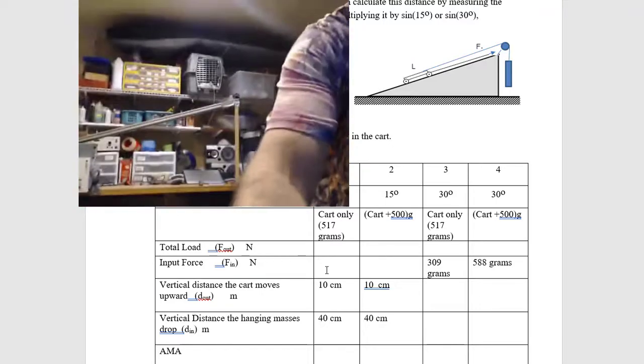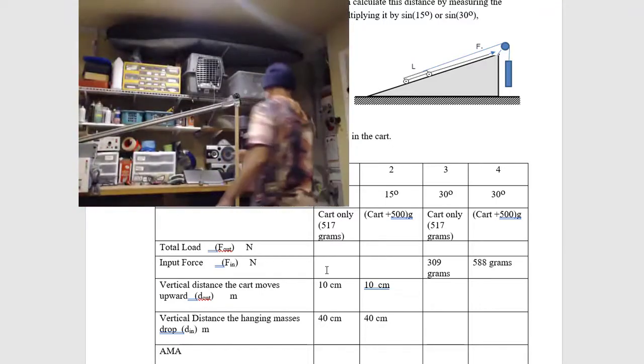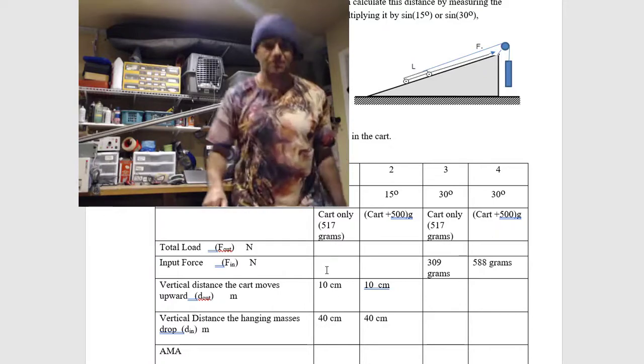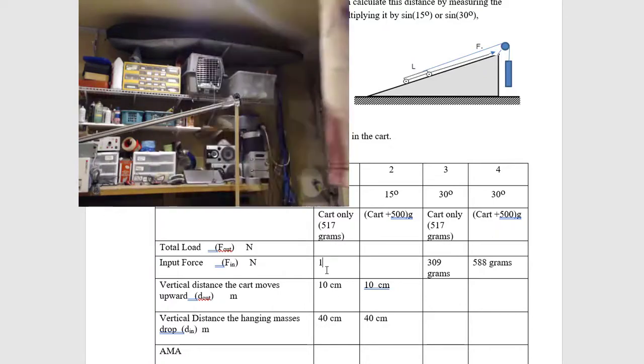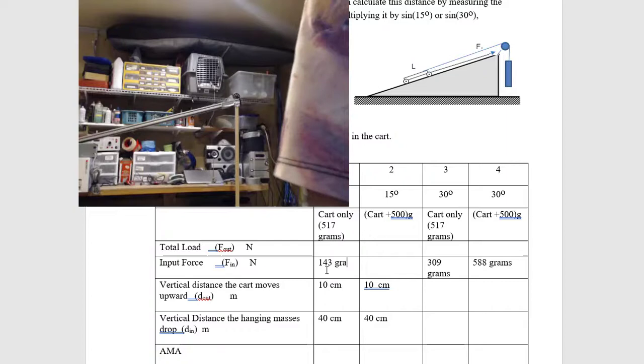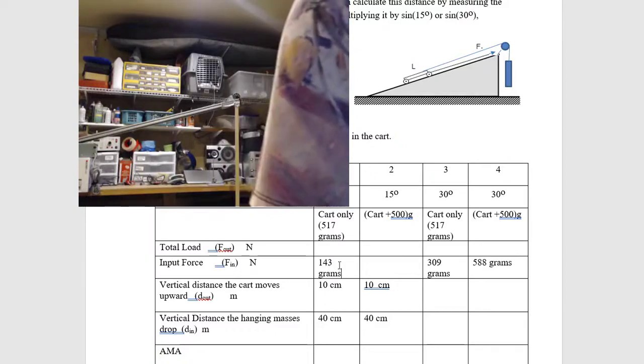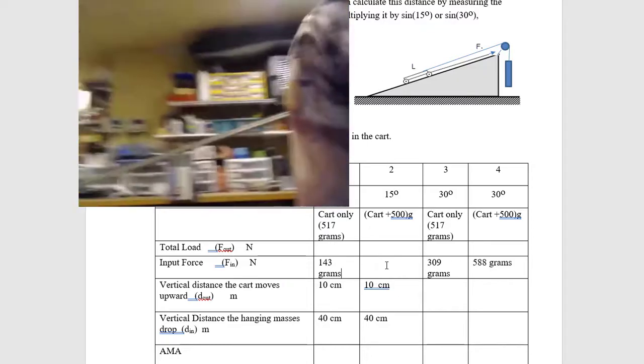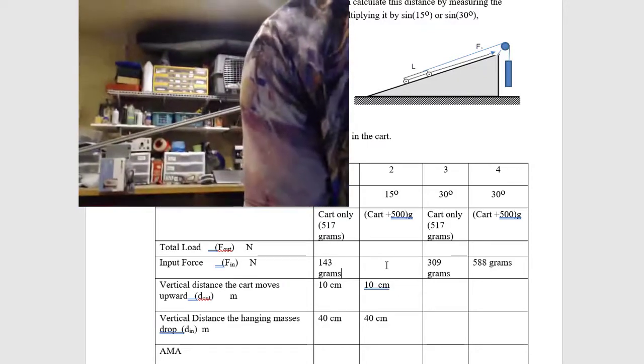You can check the video. It was 143 grams is what I had here, if I recall. Now I'm going to do the same thing, but by adding 500 grams to the cart, and let's see what happens. I'm going to just repeat it without starting and stopping the video.